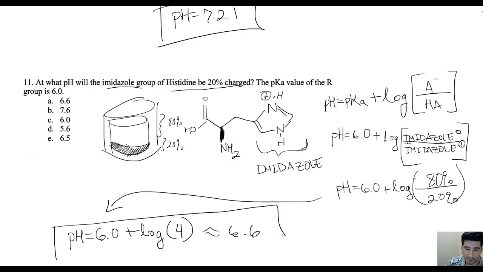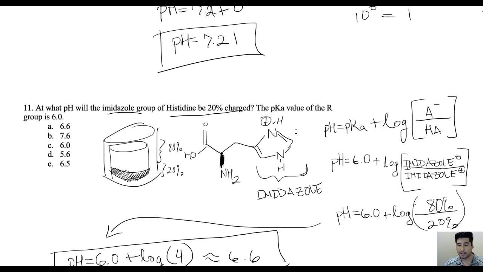So at this pH, you'll have a solution of histidine with an imidazole group, and 20% of that solution will have the imidazole group charged, and the other 80% will have it uncharged. So that wraps up all the questions that I had. Once again, my name is Alfonso Flores.